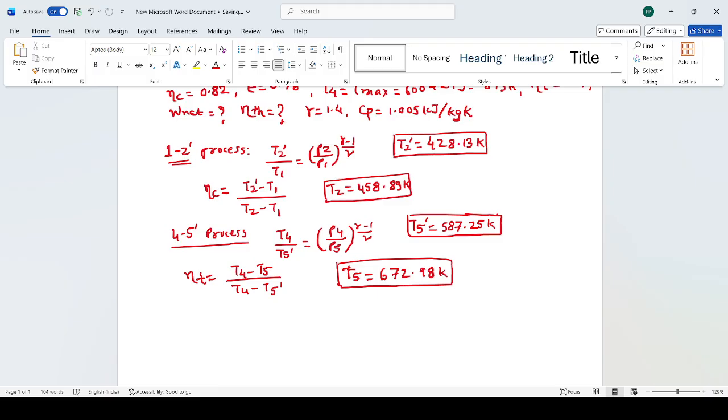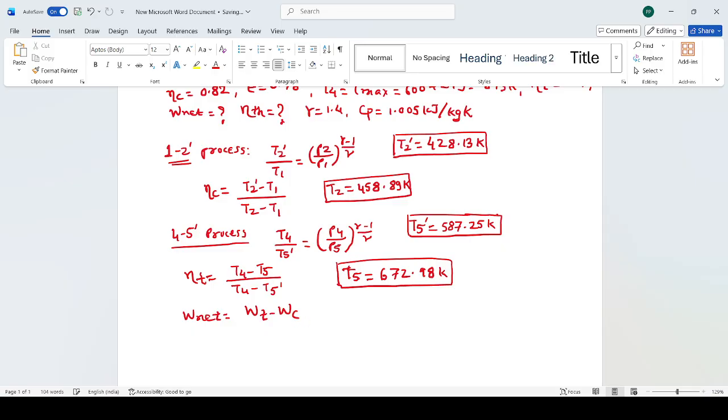So from this exercise, I know the temperature at various salient points in the cycle, and that will help me to calculate the compressor work, because I want to evaluate the W net. W net is nothing but the turbine work minus the compressor work.